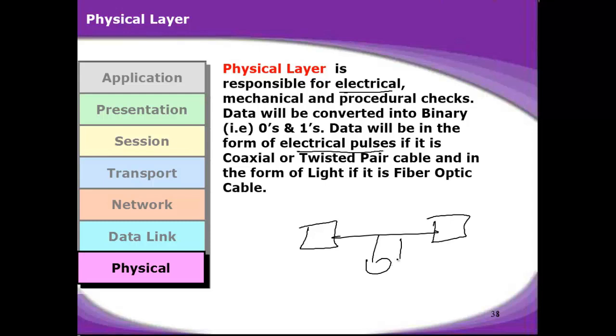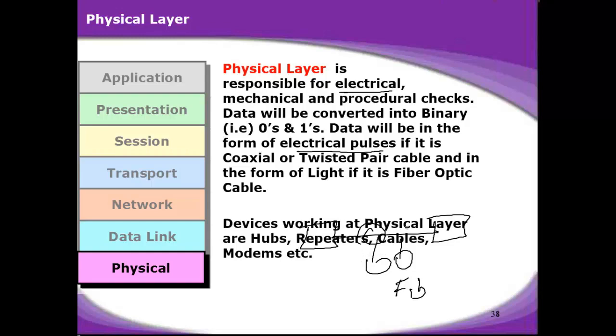If the cable is fiber optic, then it is going to be converted into light pulses, because fiber optic uses light pulses to transmit the data. If it is a wireless medium, then the data is going to be converted into radio frequencies.